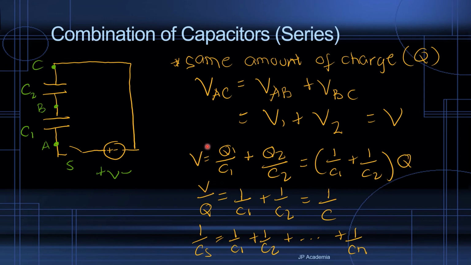So we have V over Q. So we just transfer this one to the left-hand side. V over Q is equal to 1 over C1 plus 1 over C2. And this is just equal to 1 over C. And therefore, we have this expression for the equivalent capacitance for the case of capacitors connected in series.